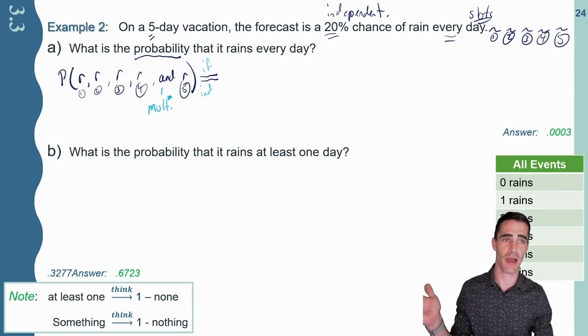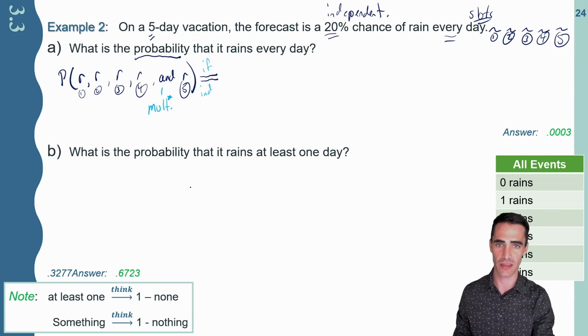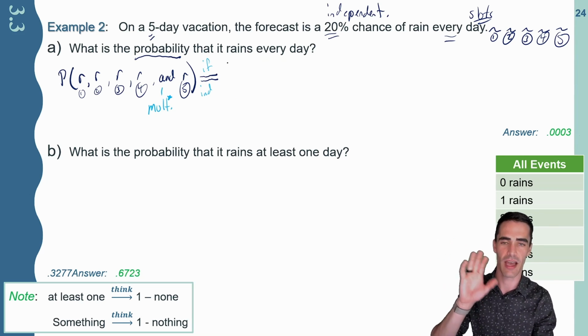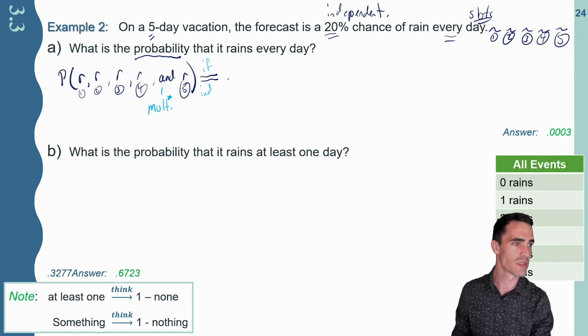And so now we have the power. I know it's independent, so instead of looking at a big event, I can look at this as 5 separate smaller events.